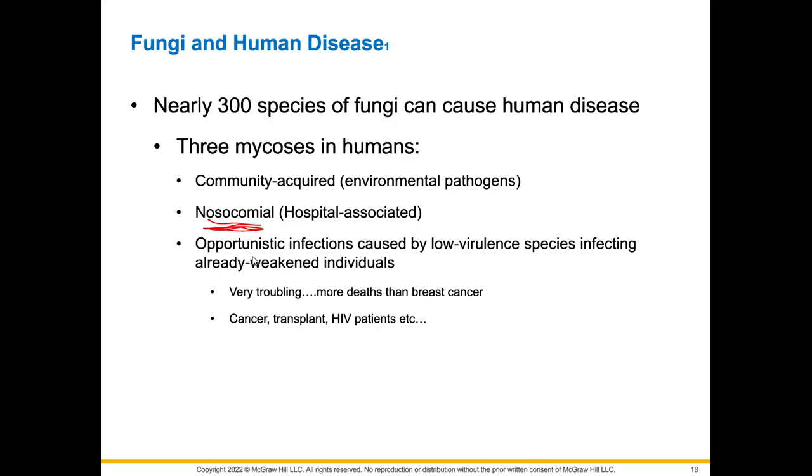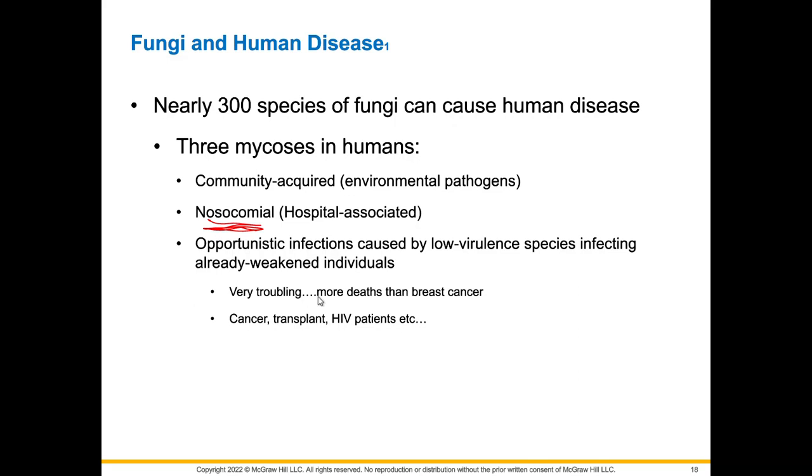So normally, again, this opportunistic pathogen would not cause disease in a healthy individual. But whenever we have an individual who's immunocompromised, then they are more susceptible to getting sick by these bugs, or in this case fungi, that don't normally make people sick.